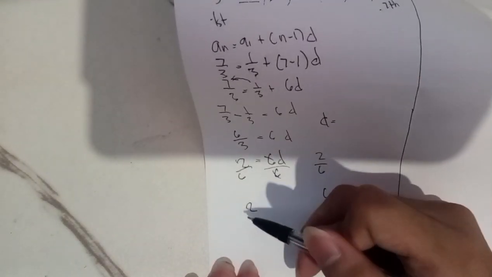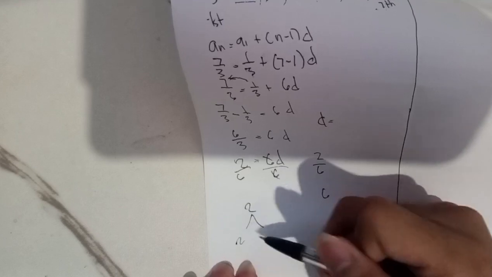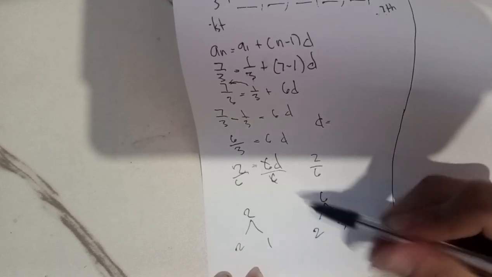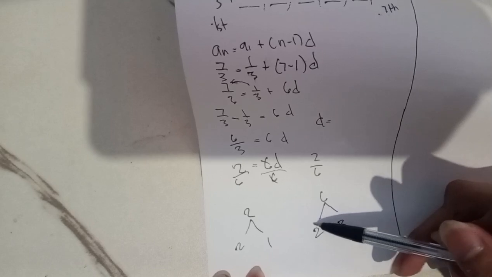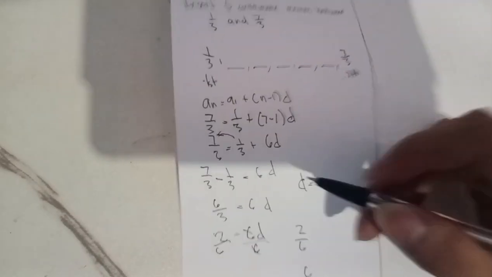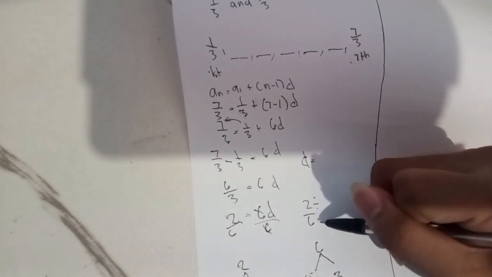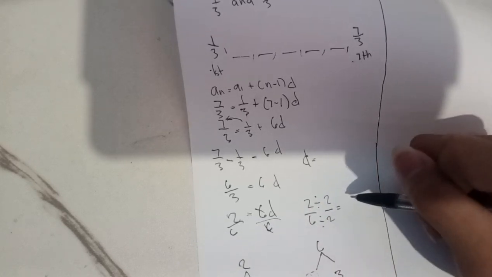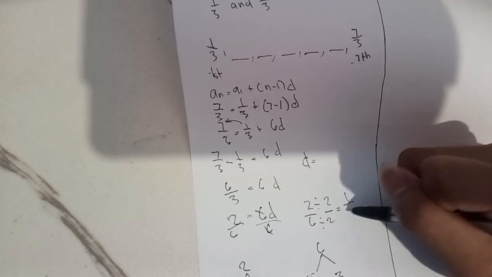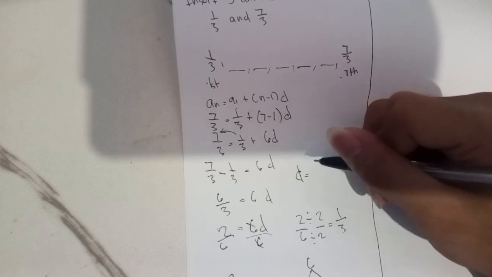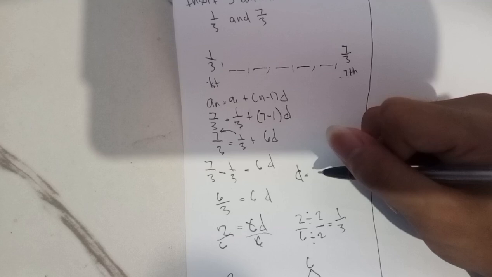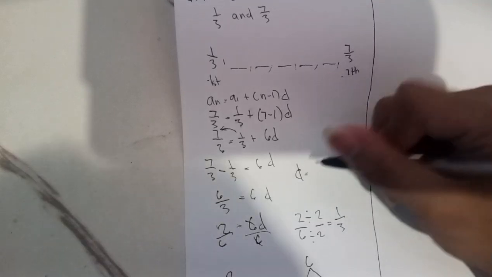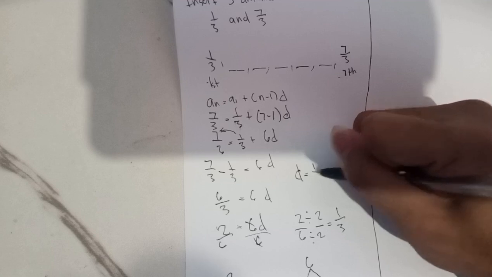So, 2 has factors 2 and 1. 6 also has factors 2 and 3. And their greatest common factor is what? 2. So, meaning, we will divide both sides by 2. And we will get what value? That is 1/3. So, our common difference, our d, is 1/3.